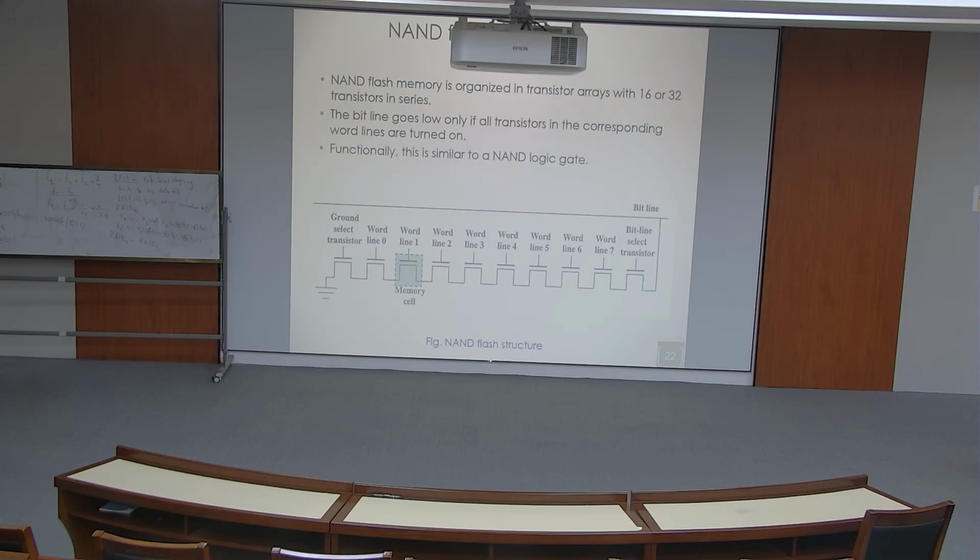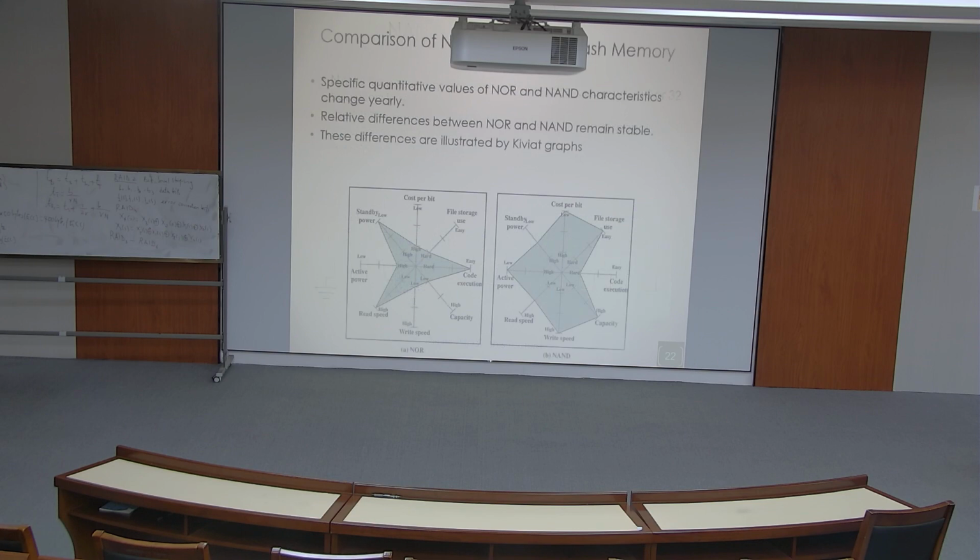So this is the NAND flash memory structure. Now, the bit line needs to go low if all transistors in the corresponding word line are turned on. This is very important to note.